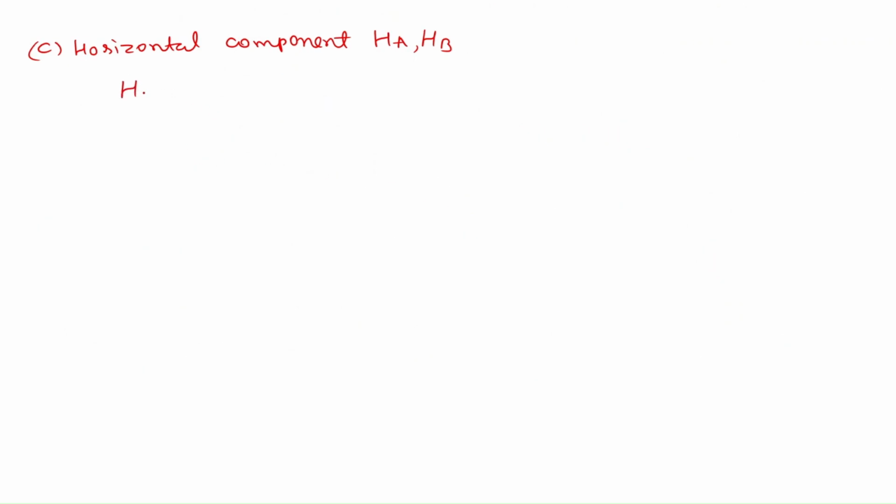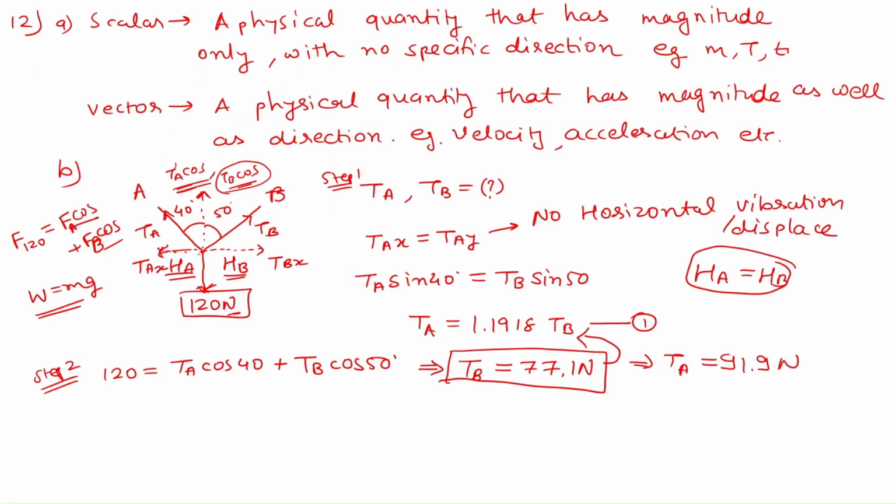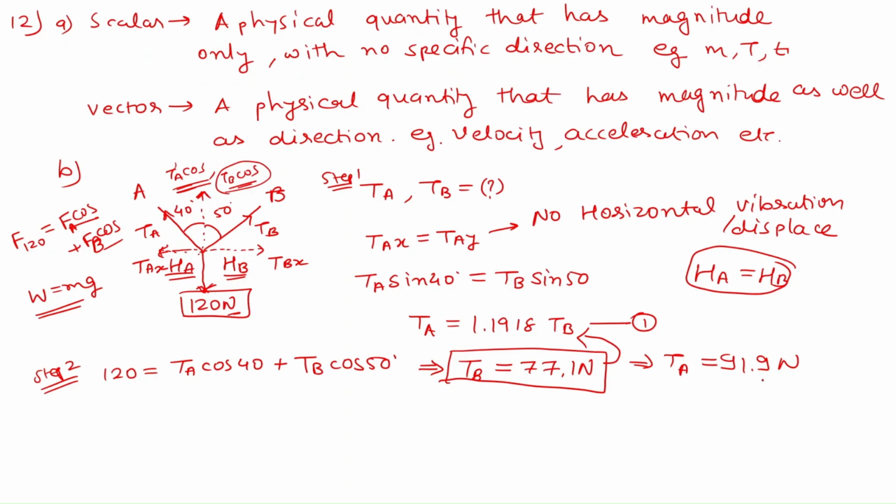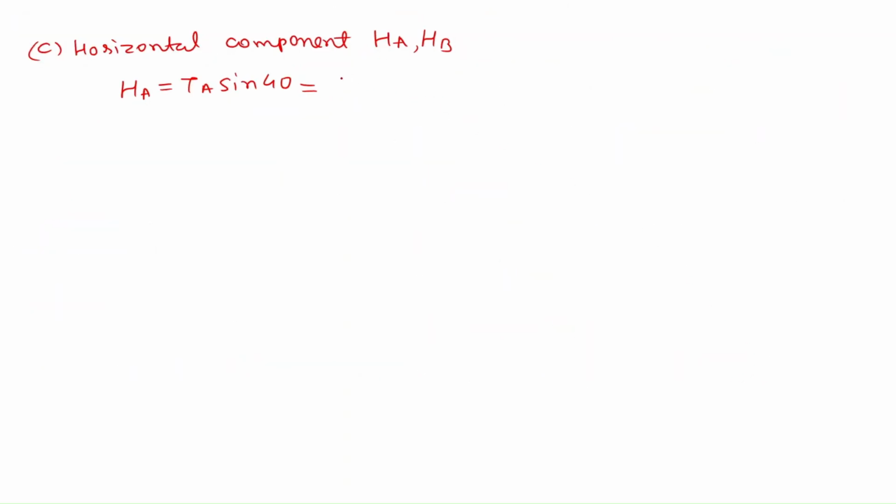We know HA means TA sine 40, which was already discussed here. TA sine 40. Put the value of TA here. We got TA sine 40 equal to 59.1 Newton.